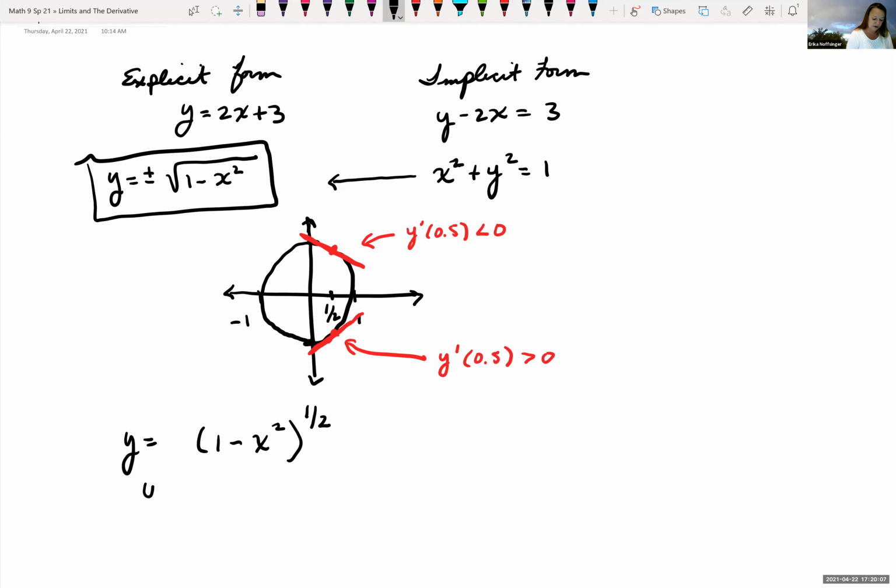To take the derivative, we're going to use our chain rule. So using the chain rule, bring our power down front, keep what's inside the same, subtract 1 from our exponent, we get -1/2. And then we have to remember we're taking the derivative of the inside, which is -2x.